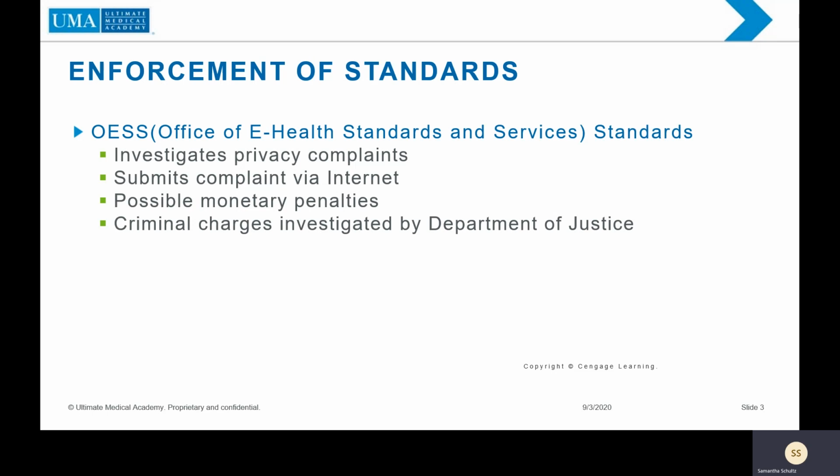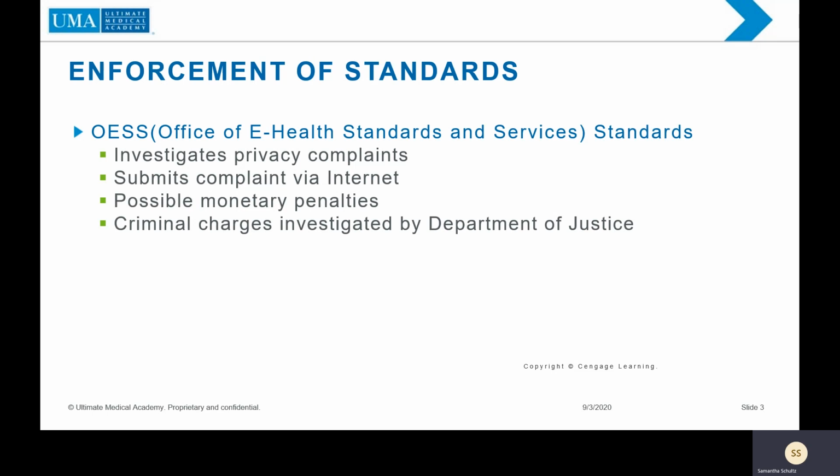This also covers the transactions for coordination of benefits. This brings in a primary and a secondary payment plan. When a patient has two insurance coverages, this is where that will come into play. It also covers any kind of health claim status, if it's denied or paid or anything like that.